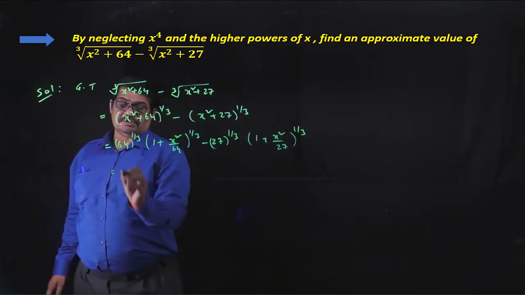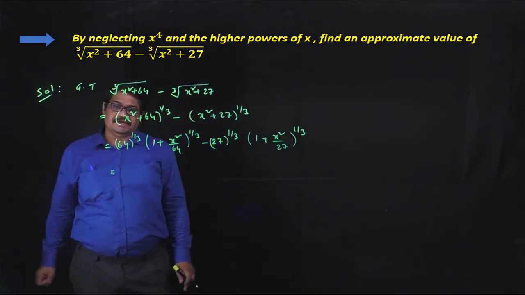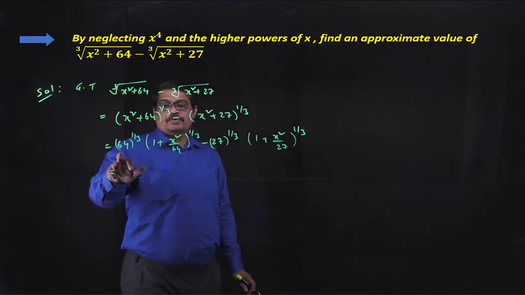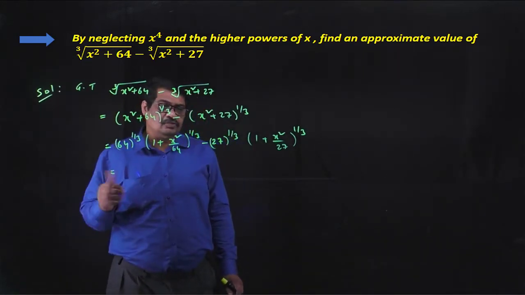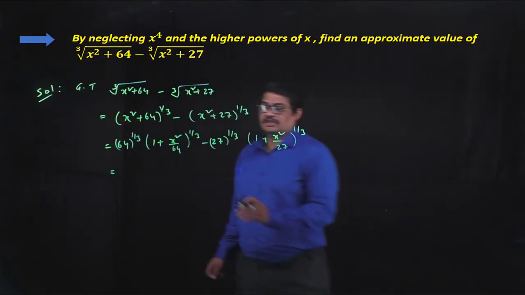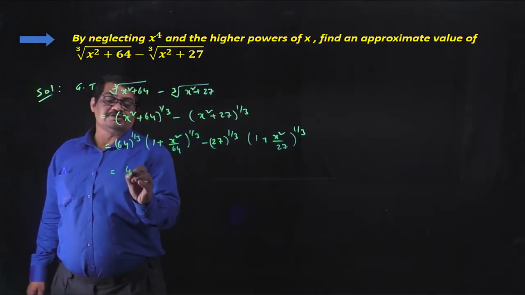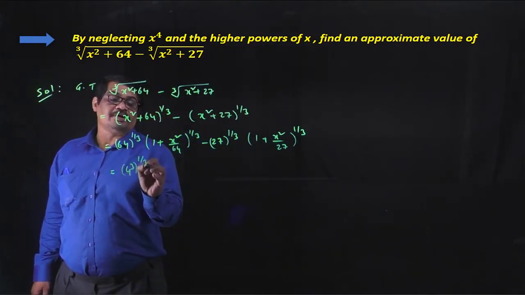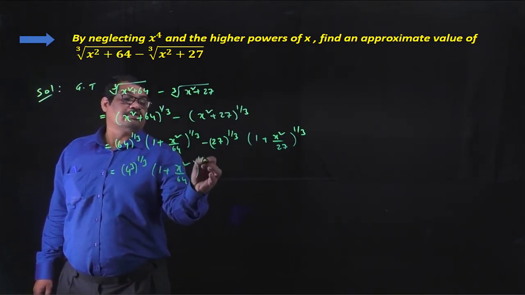So what is 64 to the power of 1 by 3? This can be written in the form 64 as (4 cube) whole power 1 by 3, (1 plus x square by 64) whole power 1 by 3.